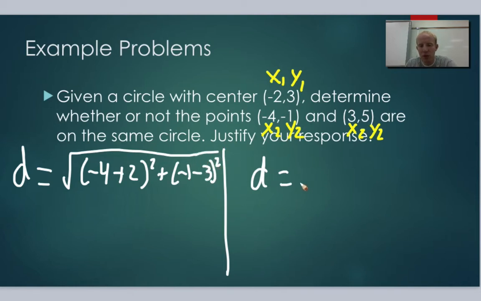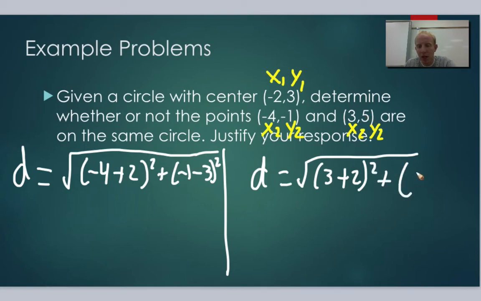Let's set up the other one as well. x2 is going to be 3 in this case, since it's the second point, minus a -2, or plus 2. y2 is going to be 5, and y1 is going to be 3. So now we have the distance for each point compared to the center.